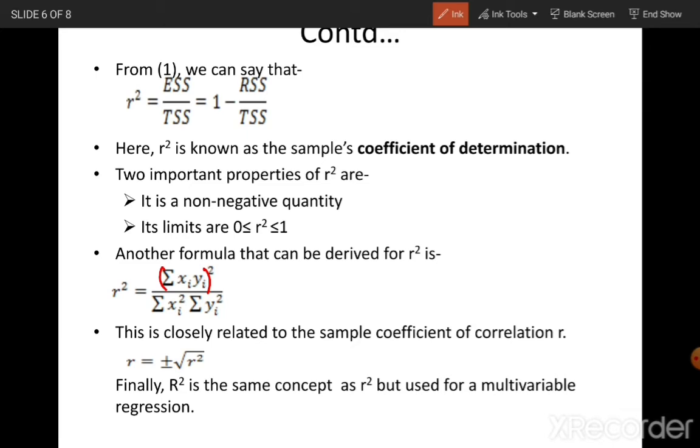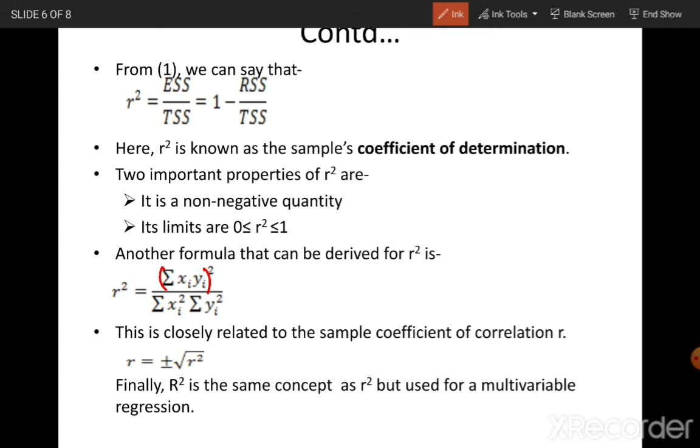Now, this formula should look very familiar to you. It is because the square root of this is nothing but what you have learned in your statistics classes as the coefficient of correlation.